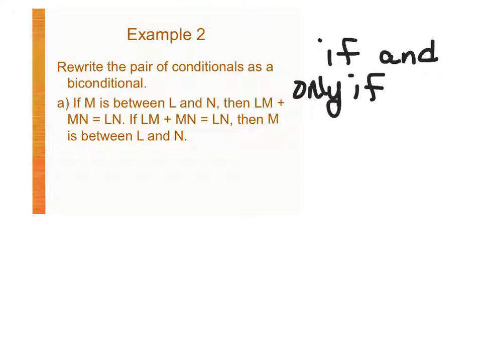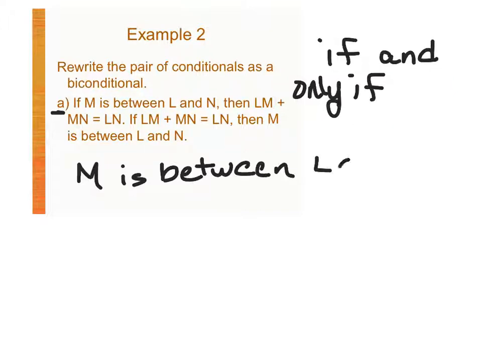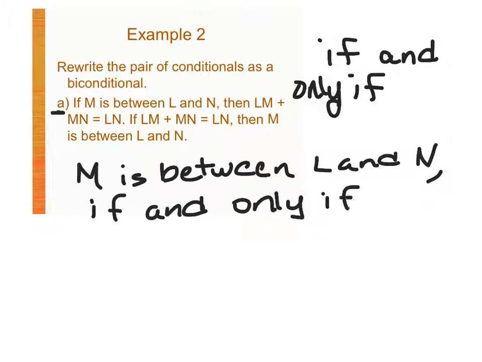So to turn part A into a biconditional, we could start out by saying M is between L and N if and only if LM plus MN equals LN.